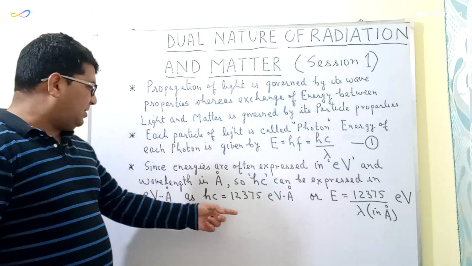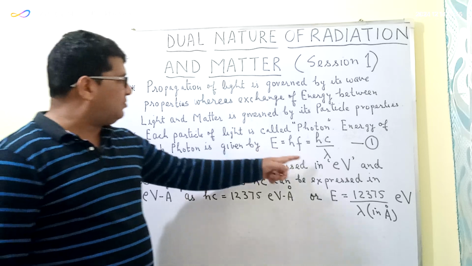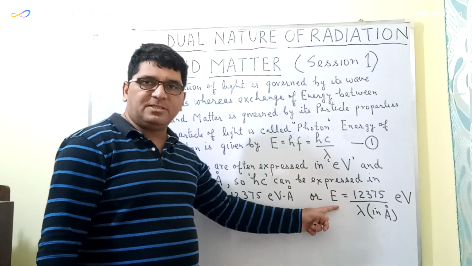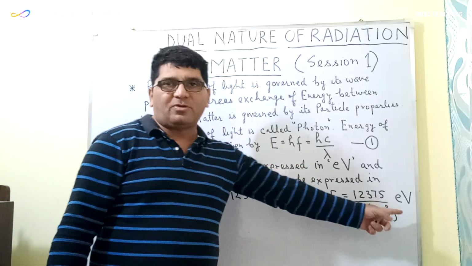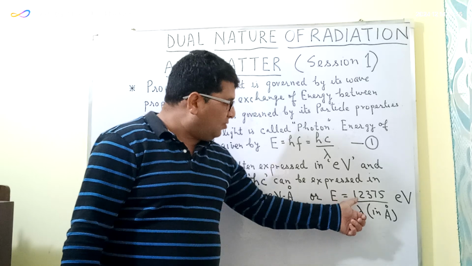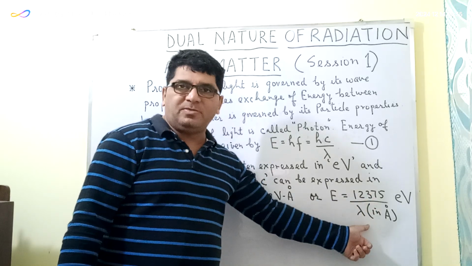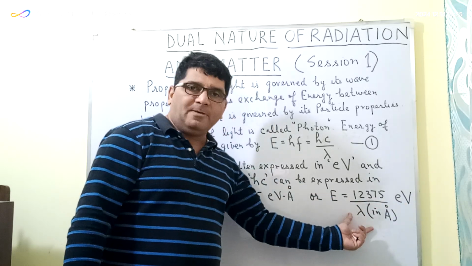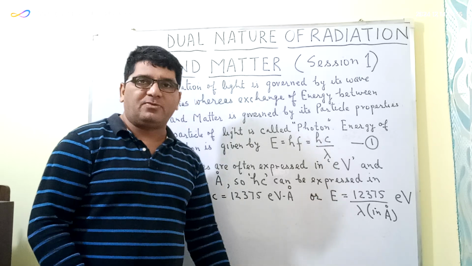So from the equation E is equal to hc upon lambda, the energy of the photon in electron volts can be written as E is equal to 12375 divided by lambda, with lambda in angstrom. This formula gives the energy of the photon in electron volts.